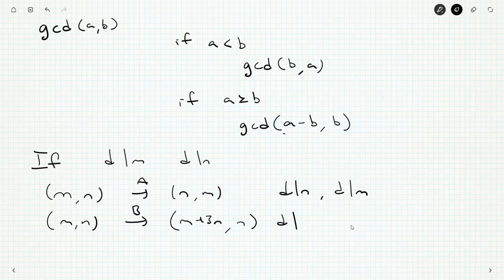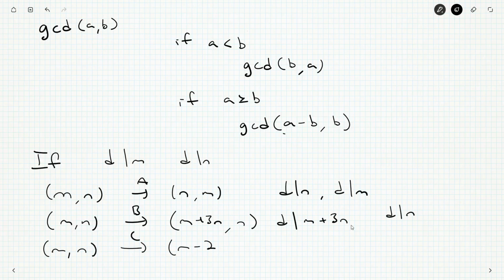Now d divides m, and it also divides n, and so it'll divide 3n, and it'll divide their sum. And d still divides n. Same thing with the minus 2n.